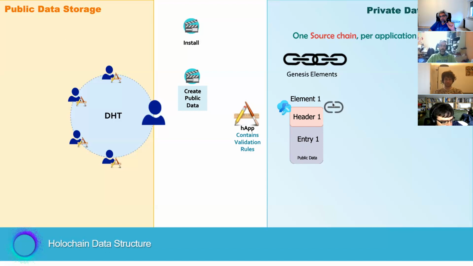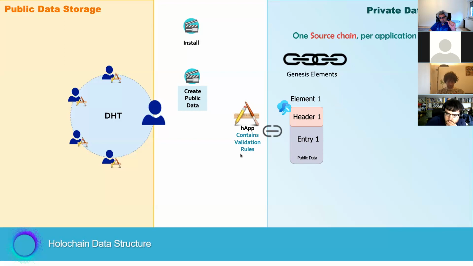So this element is playing the role of one chain, or one unit, or one element inside your source chain. When it's going to be created, the application is supposed to run the validation rules against the data you produce. So if all the business rules and conditions are passed, then that piece is going to be added to your local source chain.